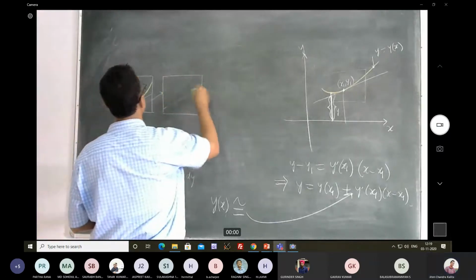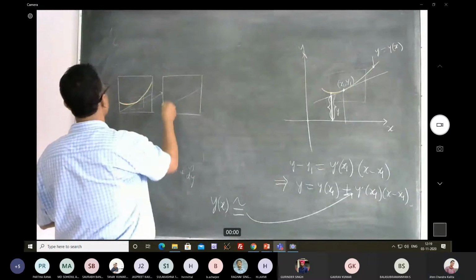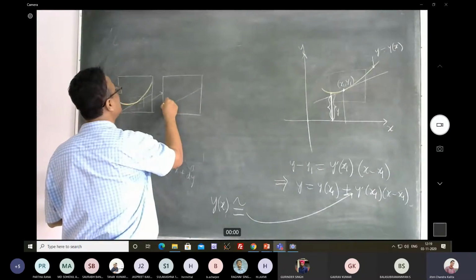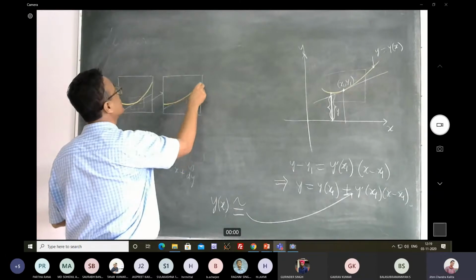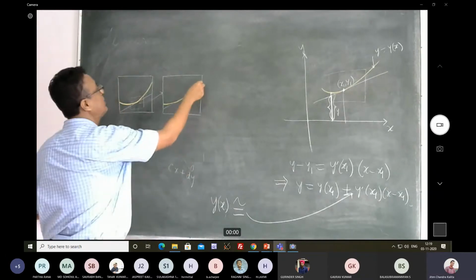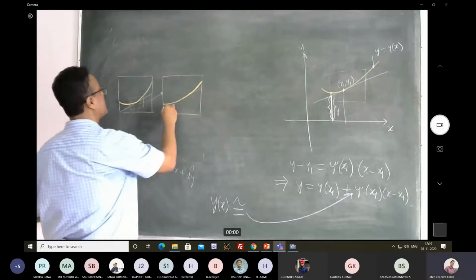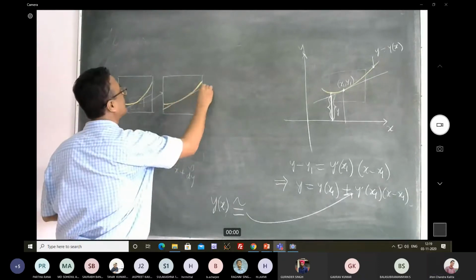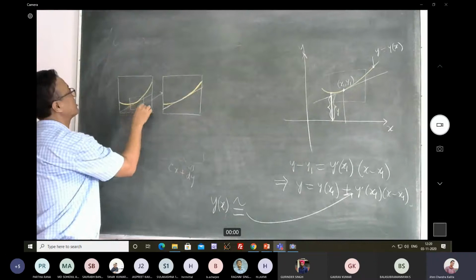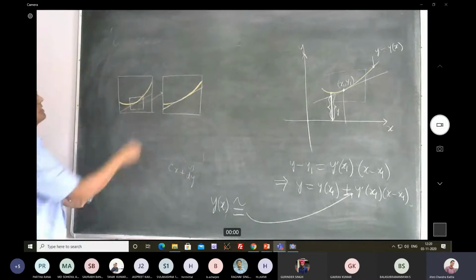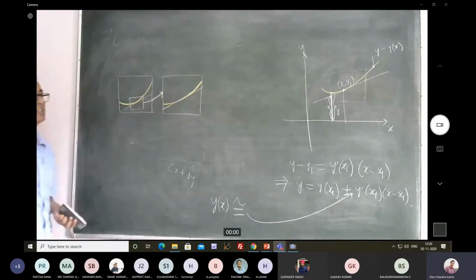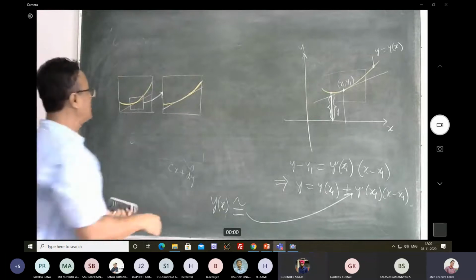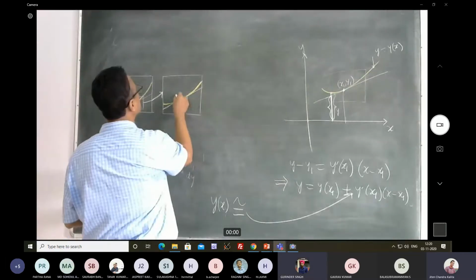Then this part is going to look something like this. If I magnify this part, it is going to look like this. Is it okay with everybody? Fine. Now let me come to this part.